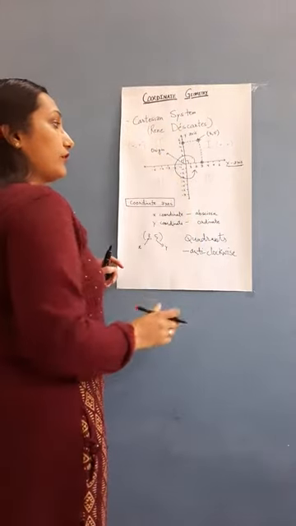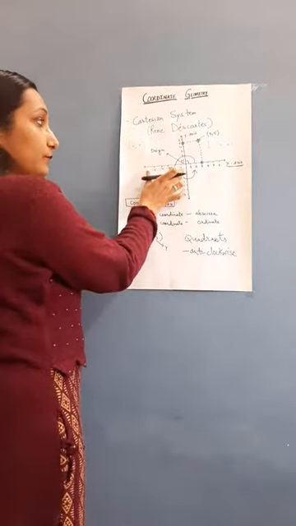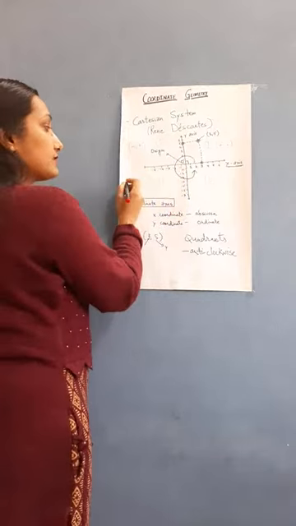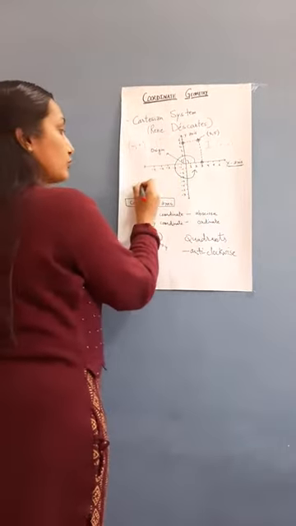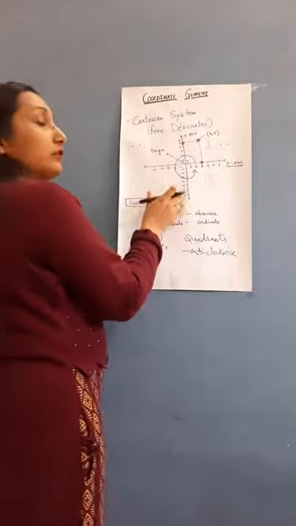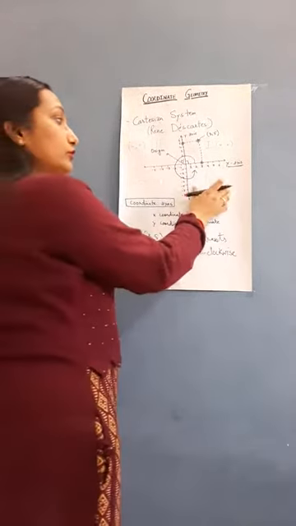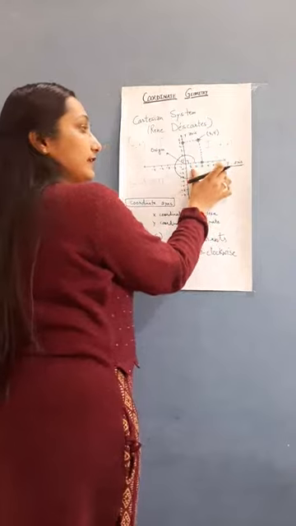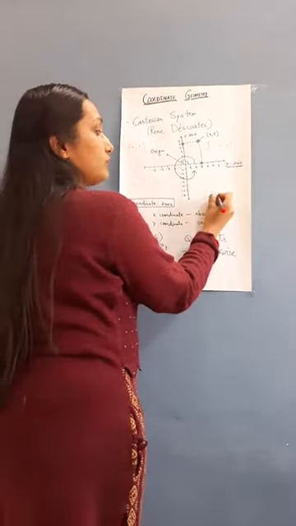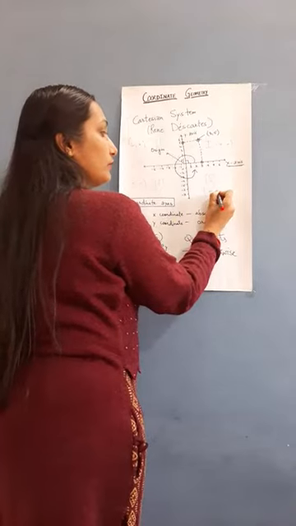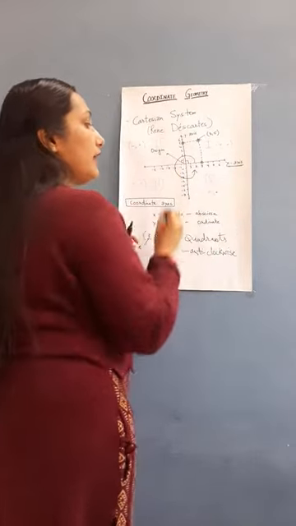In the third quadrant, the x-axis is negative and the y-axis is also negative, so both are negative. In the fourth quadrant, the x-axis is positive whereas the y-axis is negative, so one will be positive and the other negative.